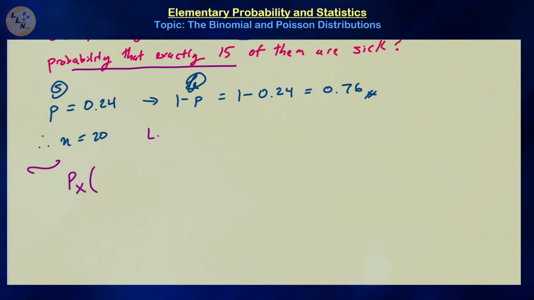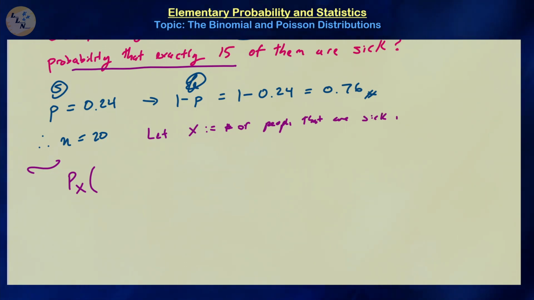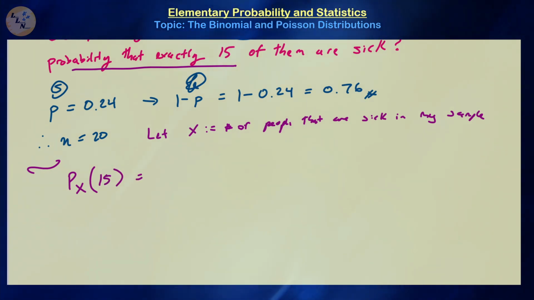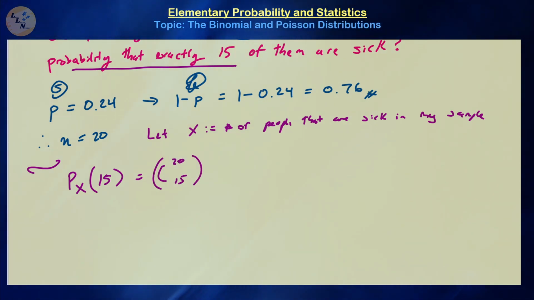So let x be the number of people that are sick in my sample, right? So what is the probability that x is going to be equal to exactly 15? So I'm focusing on 15 sick people out of 20, and I don't really care about the order, so I'm using a combination there.